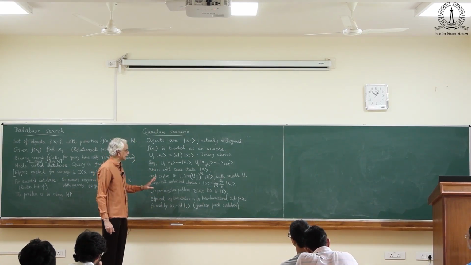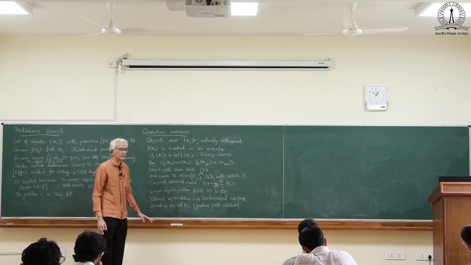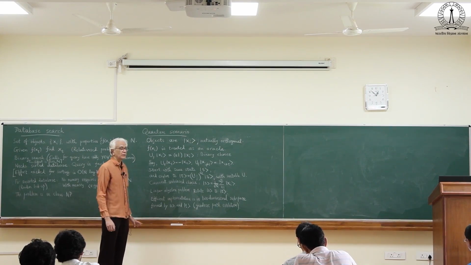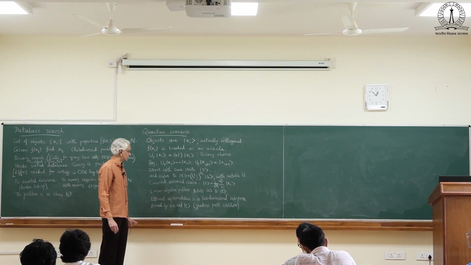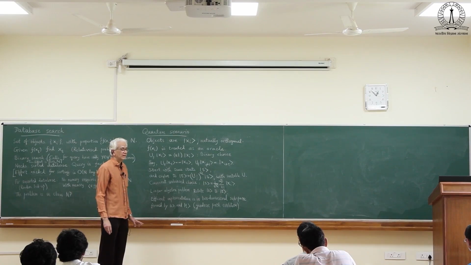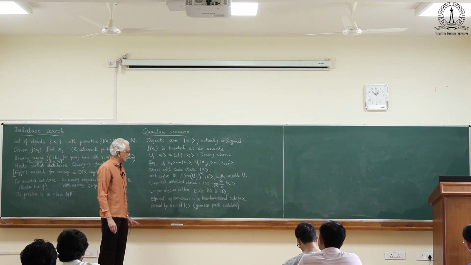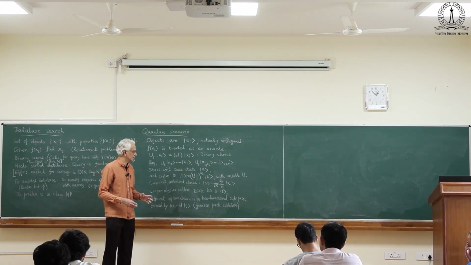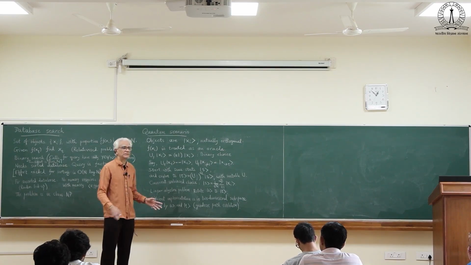So this gives a setting of the problem, and the problem was then solved by Lov Grover in a clever manner, and it turns out to be a use of very simple operations, but also simultaneously the most efficient solution.